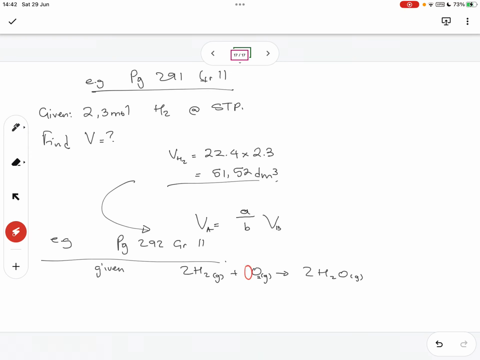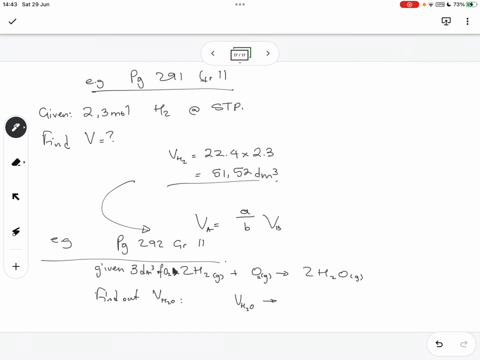And we now look at the number of moles become important, these coefficients here, because they are stoichiometric coefficients. So if they say 3 dm cubed of oxygen reacts with a certain amount of hydrogen, we must find out how much water is produced. Find out the volume of H2O.